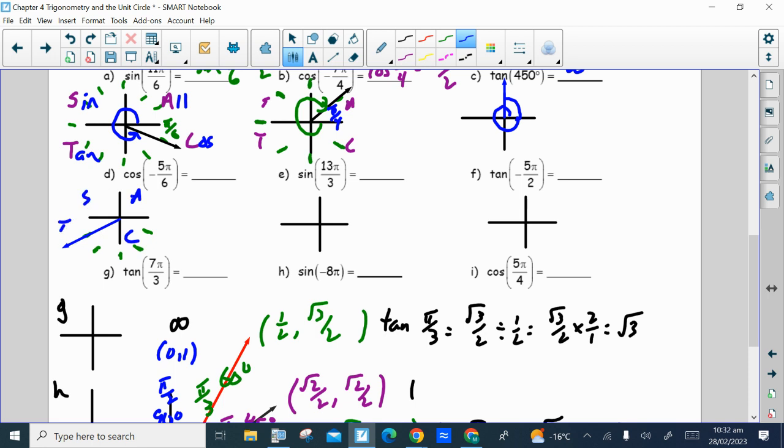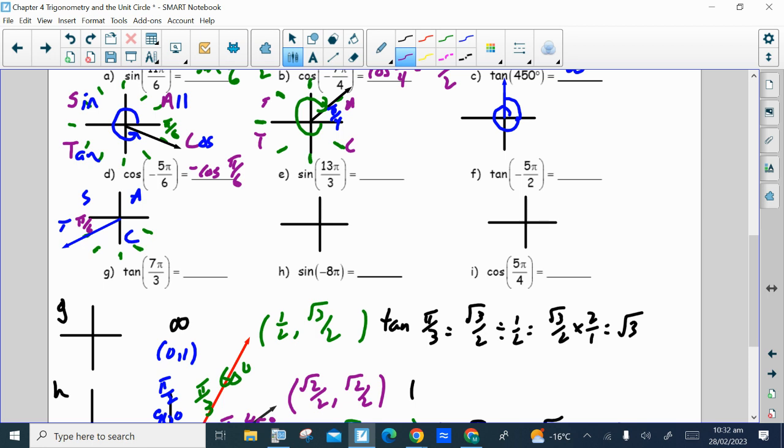In this case, we're in the third quadrant, which is our tangent quadrant. So the tangent is positive, everything else is negative. So in this case here, our answer will be negative the cosine of, and again, the reference angle will be pi on 6. That's the angle between the terminal arm and the x-axis.